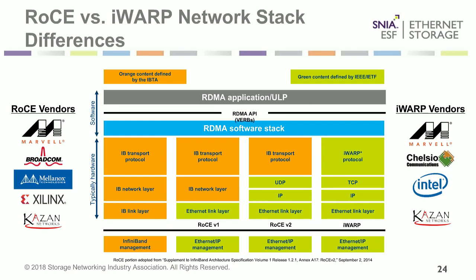On the iWARP side, we have Marvell, Chelsio, and Intel, as Fred outlined. Intel has a chipset with built-in iWARP Ethernet support, and then Kazan, who does both. I was going to say we're forgetting Cavium, but Cavium is now part of Marvell. So when we say Marvell here, that typically means the Cavium QLogic adapters, which can do both iWARP and RoCE. I think that answers some of the questions about who uses UDP and TCP.